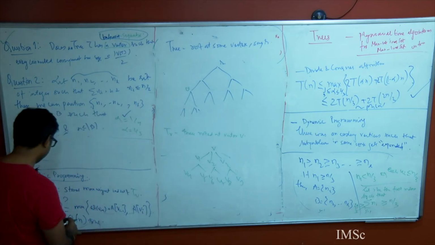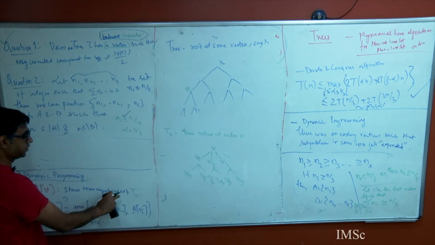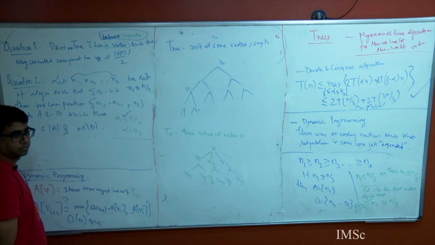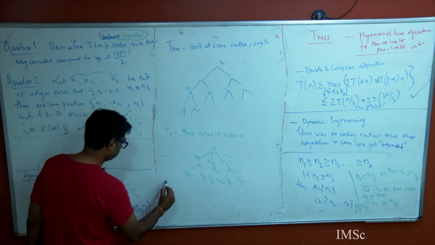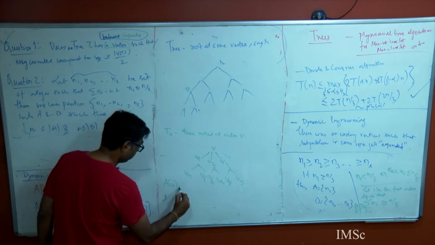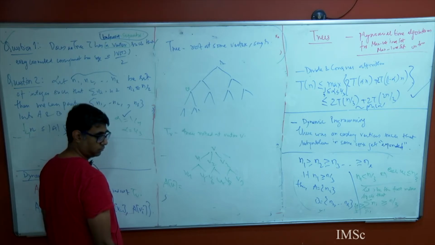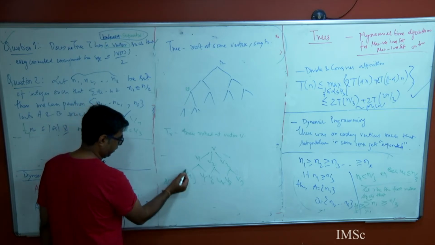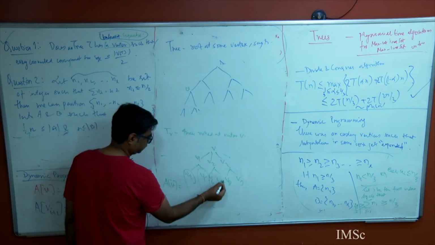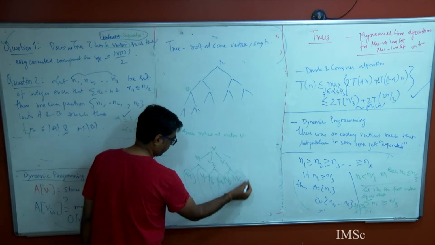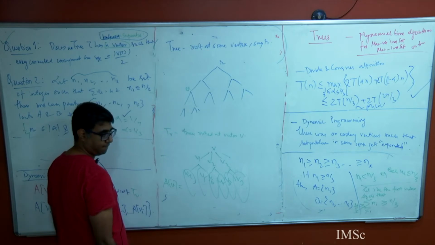All you have stored is the maximum independent set of TV. Now give me a recurrence for TV. Maximum of either V goes. Okay, V goes into the solution, then what will happen? If V goes, then look at the max weight of the subtrees rooted at its grandchildren. Or V does not go, then subtrees rooted at its children.